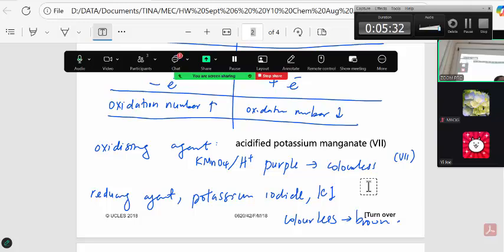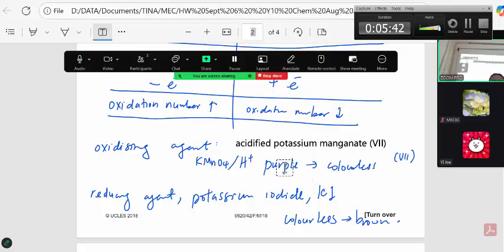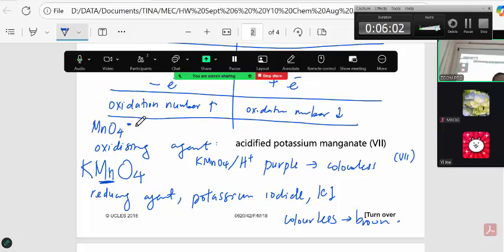Mn is manganese. But when it's with O4, MnO4 negative 1 ion, it's called a manganate ion.